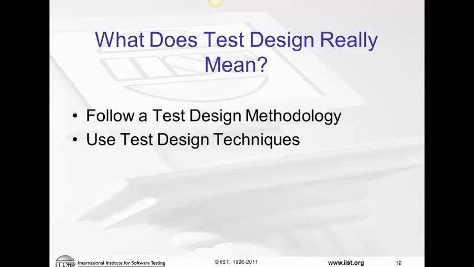Now, within that test design methodology, as I'm going to explain, there is also the concept of test design techniques. The decision table that I just covered in the previous practice is one of those techniques. But I did not show you yet how you would design tests based on decision tables. I only showed you how to analyze and elaborate on the requirements using the decision table. In a little bit, I will show you.